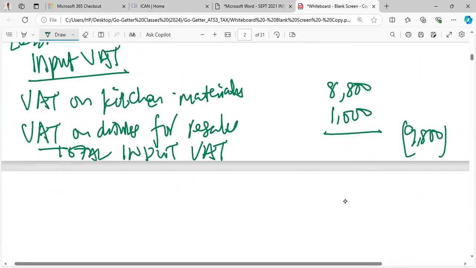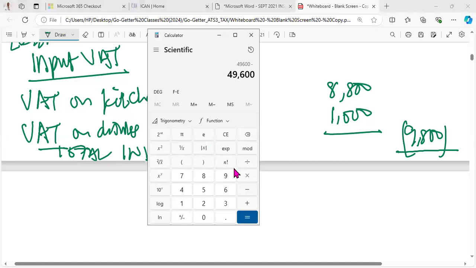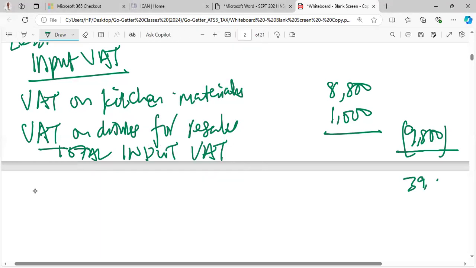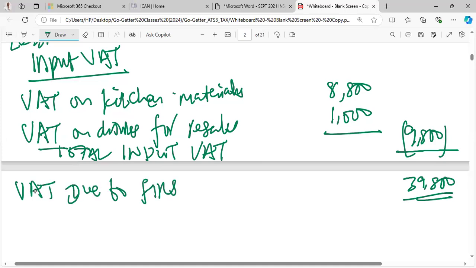So 49,600 minus 9,800, we have 39,800. So this is the VAT due to FIRS. So this is what we are asked to calculate.